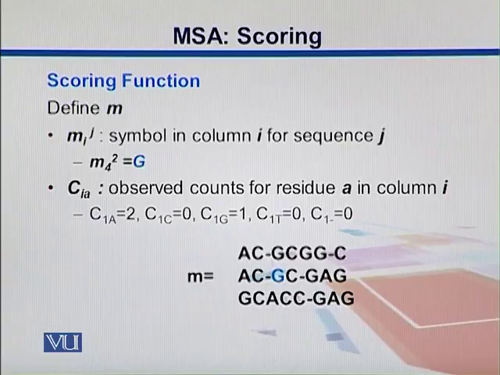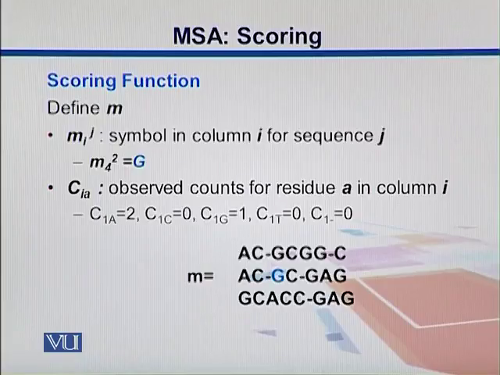In the same way, we can put in the observed counts for residues. For example, for one of the residues, which is A over here in column I, we can have it as Ci of A. For example, in column 1, C1A: how many A's are there in column number 1? We see there are 2. And how many C's are there in column number 1?